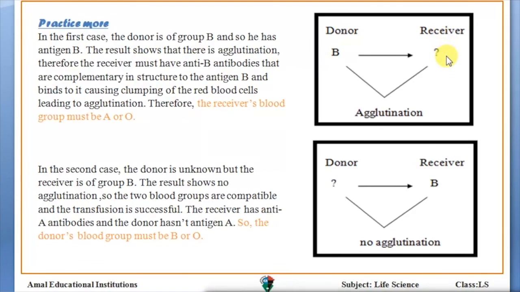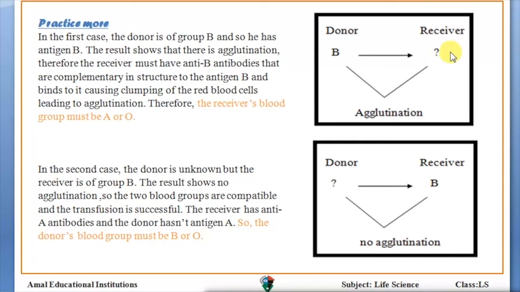The donor has antigen B because he is of group B. The result is agglutination. The agglutination result is going to imply that there is binding between the antibody of the receiver and the antigen of the donor, which is antigen B. For binding to happen, it means that the receiver should have anti-B antibodies.